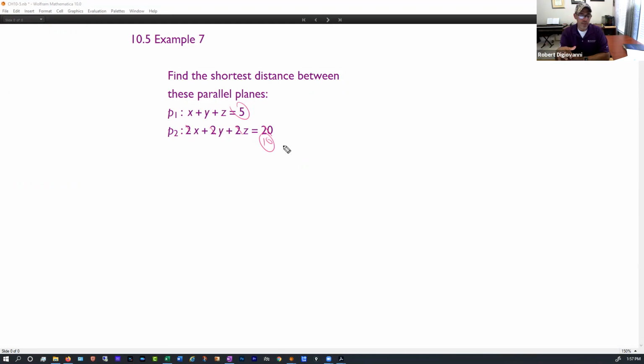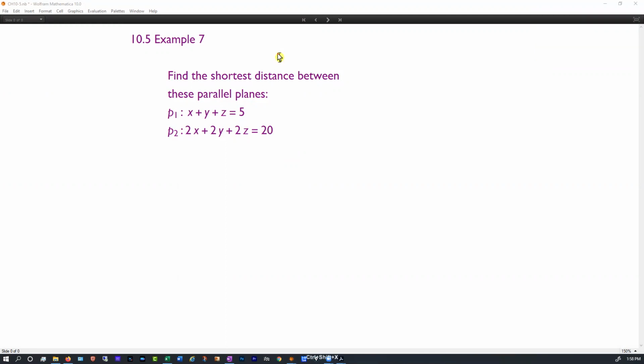Because that would be correct if these planes were actually flat, like the ground and then a plane above it, but that's not the case. So we have to go through this, all right? So how can we do this? Find the shortest distance between these planes. Wait a minute, hold on, did we mess up?